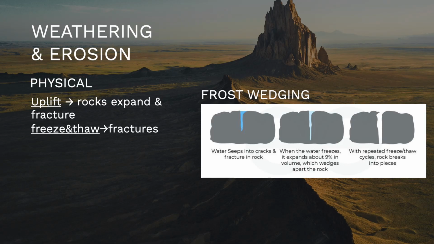And because we know that water in its liquid form is more dense than ice in its solid form, that means that water expands when it freezes. Our water, as it freezes, will expand about 9% of its volume, which will then wedge apart that rock and crack it open. With many repeated freeze and thaw cycles, the rock will be broken apart into pieces. So we will grow those fractures and can break that rock completely apart.